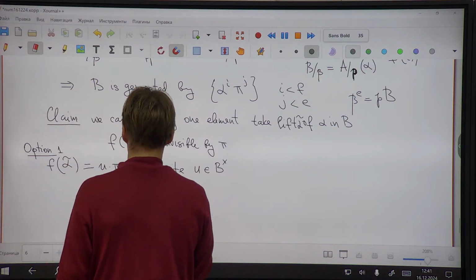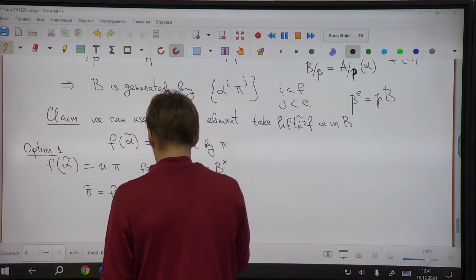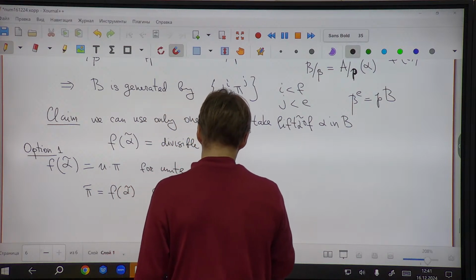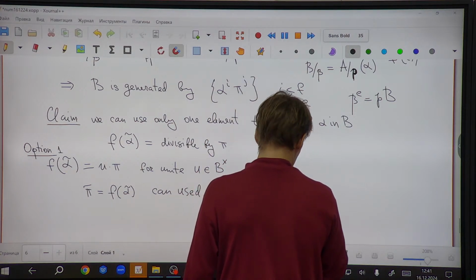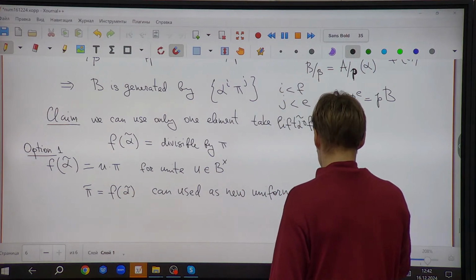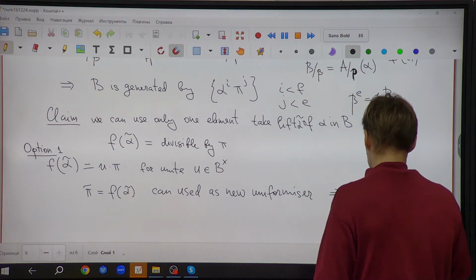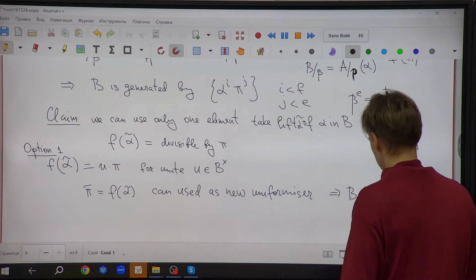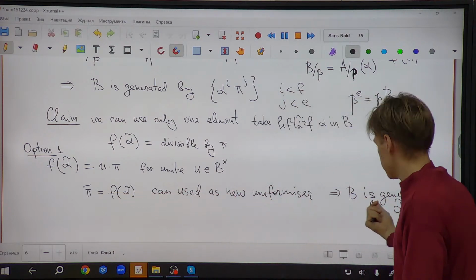So this p tilde can be used as a new uniformizer, and that means that B is generated by alpha tilde, just because you can obtain the uniformizer.